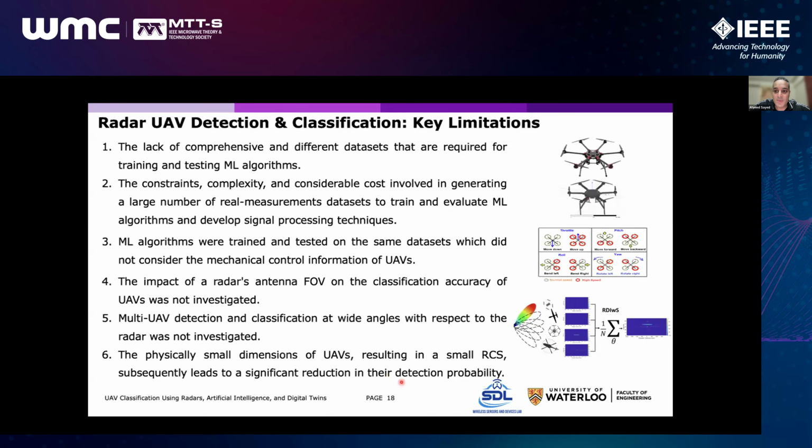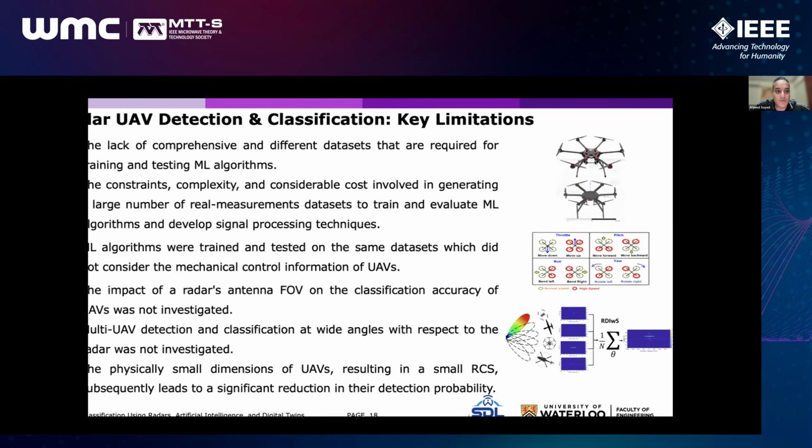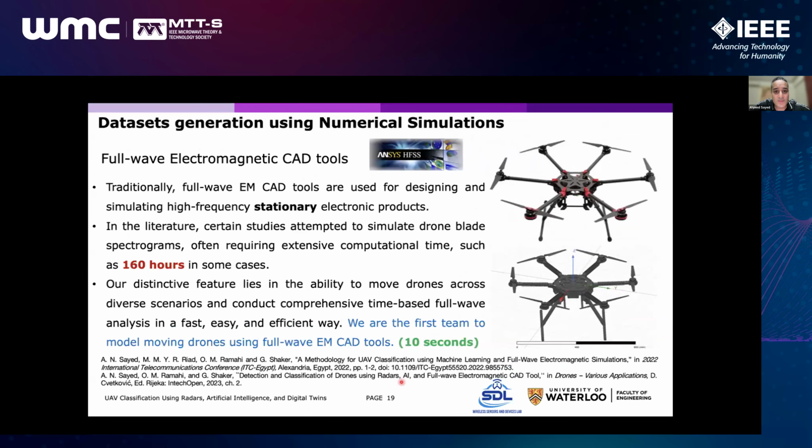For this, we propose some methods. Firstly, the usage of full-wave EM-CAT tools or digital twins, for example ANSYS HFSS. Traditionally, full-wave EM-CAT tools are used for designing and simulating high-frequency stationary electronic products, like antennas.